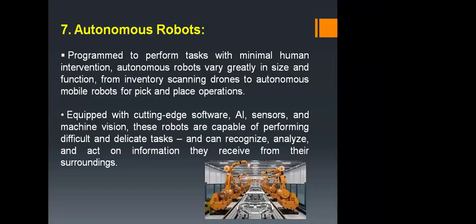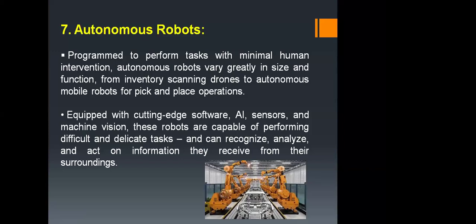This is number 6. Number 7 is the use of automated, autonomous, artificially intelligent robots. These autonomous robots are programmed to perform different tasks with minimal human intervention. They vary greatly in size and function, from inventory scanning drones to autonomous mobile robots for pick and place operations. On any manufacturing shop floor, pick and place operations can be done through this autonomous robotic system.